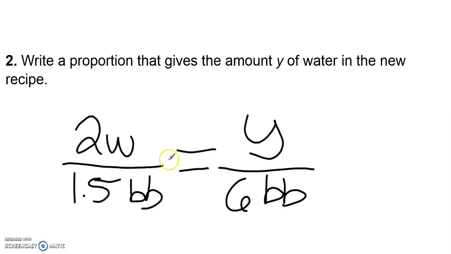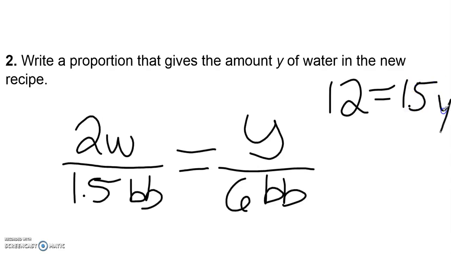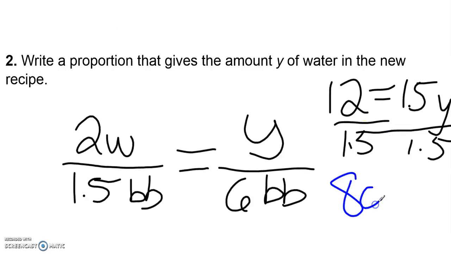That is in the new thing. So we have 12, because we're cross multiplying, so 2 times 6 equals 1.5 y. Divide by 1.5, divide by 1.5. That gives us 8 cups of water, okay?